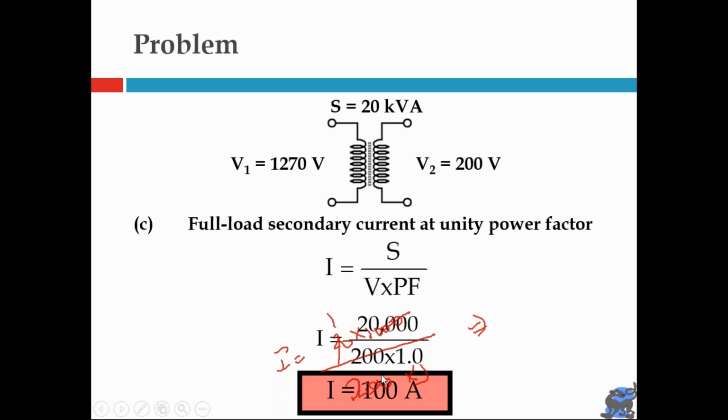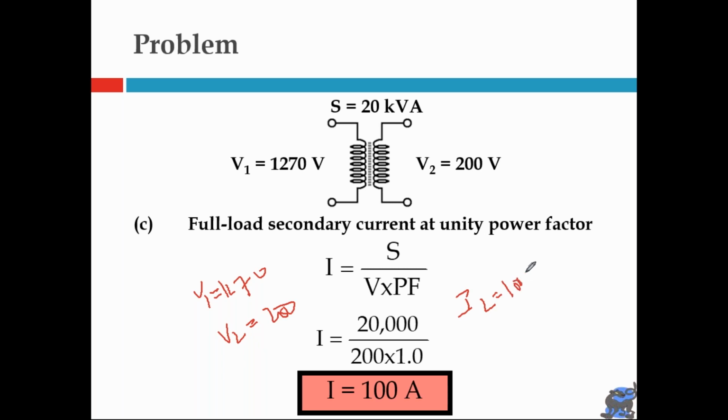Now from this, how can we calculate the primary current? We know the value of V1, which is 1270, and the value of V2, that is 200. We know the value of I2, that is 100 amperes. Then how can we calculate the I1 value? Which formula can we use here?